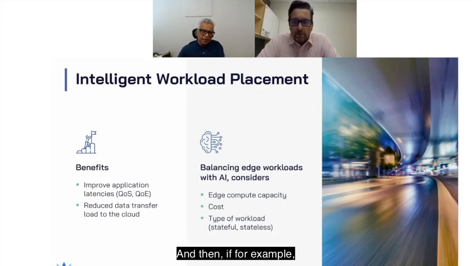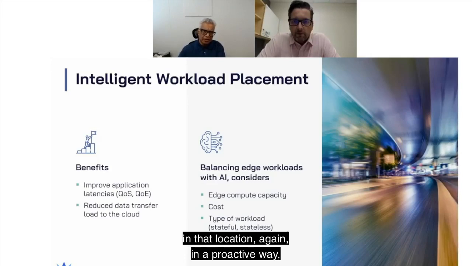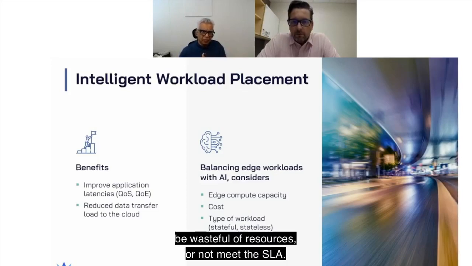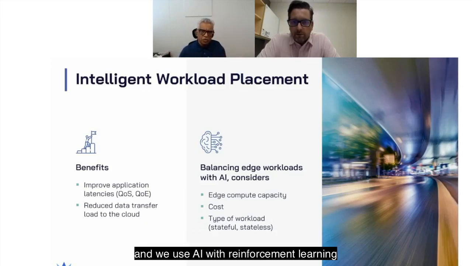And if, for example, there's a lot of users coming from that location, then you want to scale up the pods in that location, again, in a proactive way, so that you continue to provide the service while at the same time not doing it in a way that will be wasteful of resources or not meet the SLA. So this is where the intelligence comes in, and we use AI with reinforcement learning to achieve these goals.